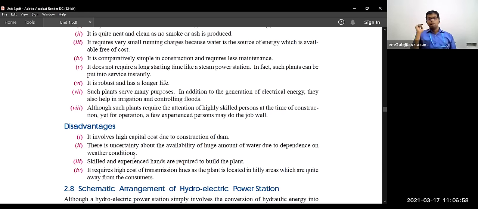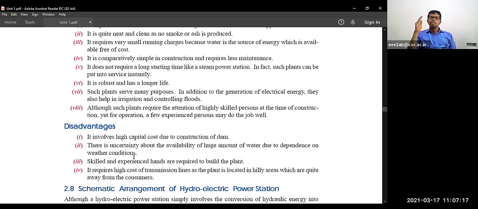And also, while constructing the towers in the hilly areas, mostly your hilly areas will be in the forest range. There may be wild animal sanctuaries and all.